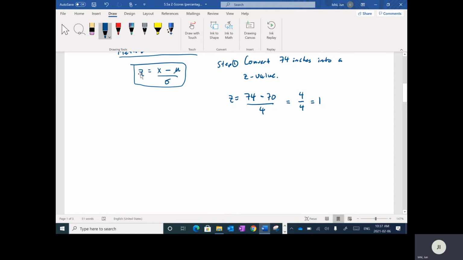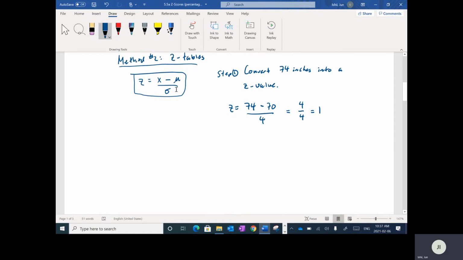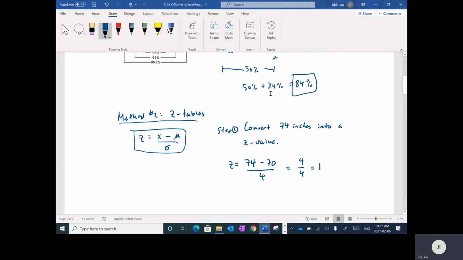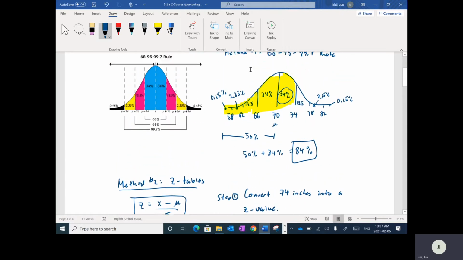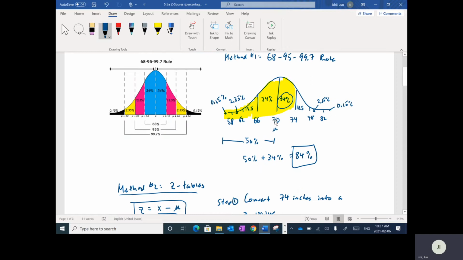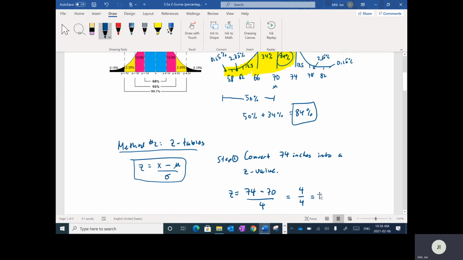And the way you interpret Z scores is that it converts these normal distributions into what they call a Z distribution. And the Z scores are standard deviations. Okay, so remember, going back to this rule here, 74 was 1 standard deviation in the positive direction away. That's why it's positive 1. Right?